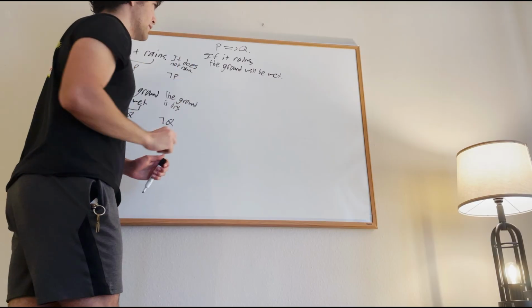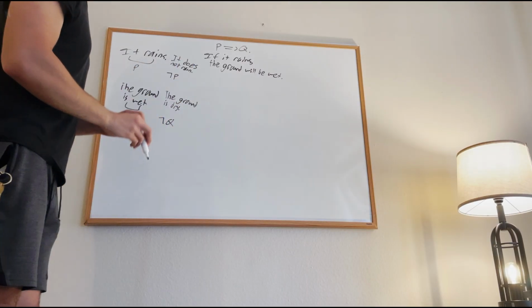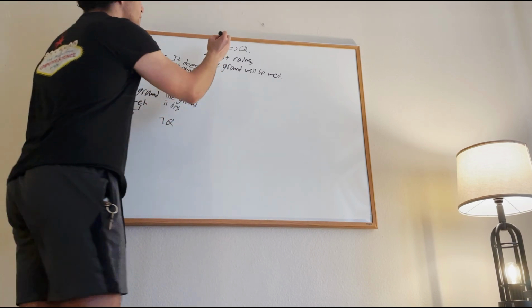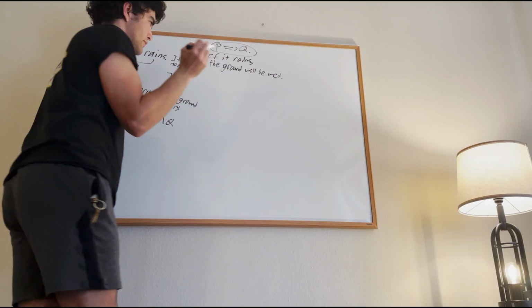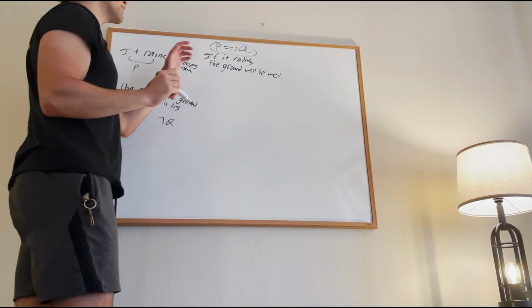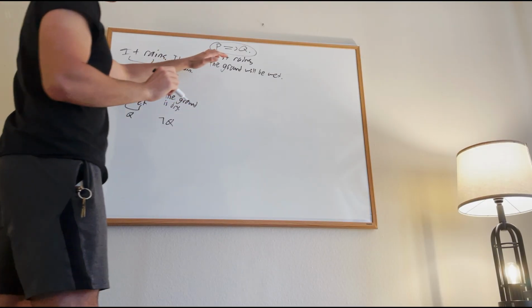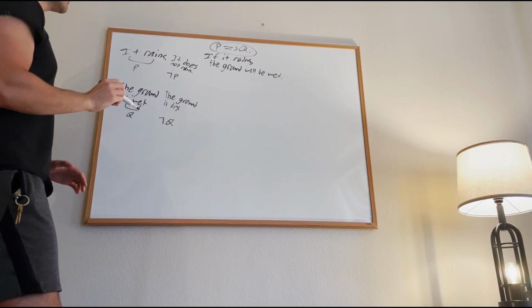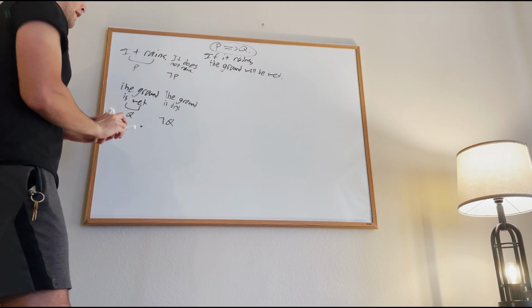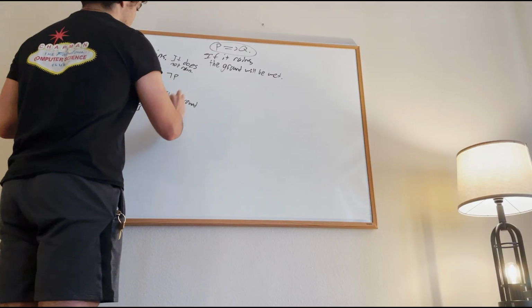Okay. And then what we can also think about is the overall truth value of this compound statement P implies Q. And we can think about what the truth value of this compound statement looks like when we change the truth values of P and Q. So let's just go ahead and look at this in a sort of table.